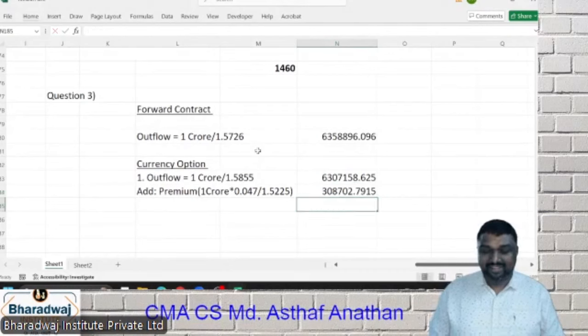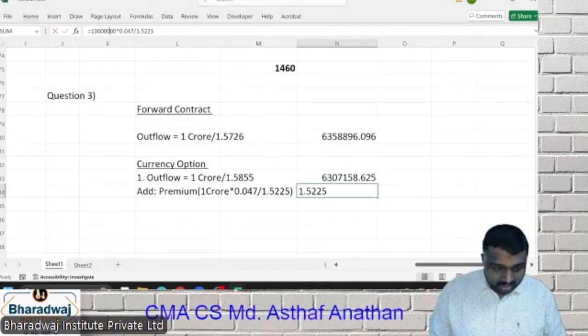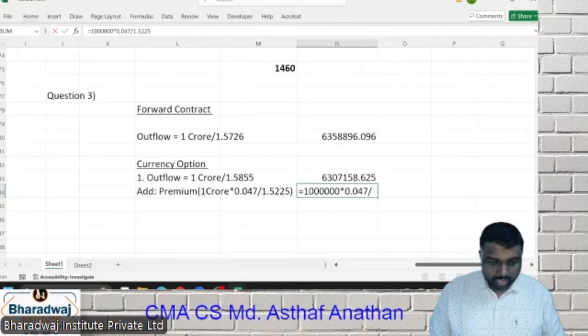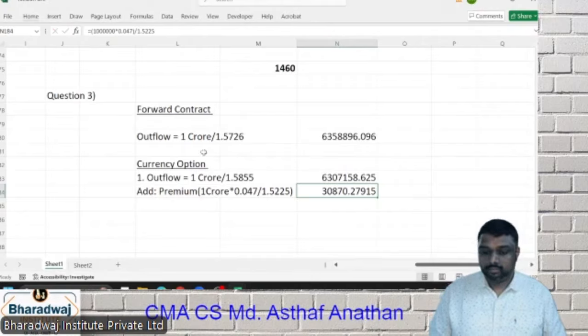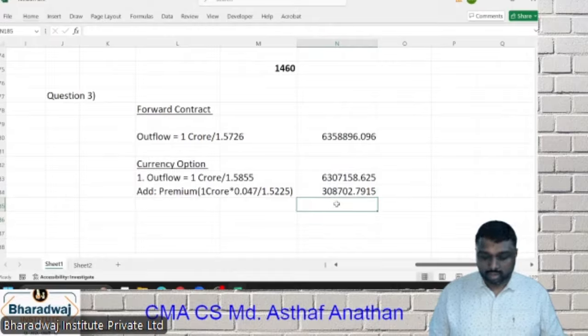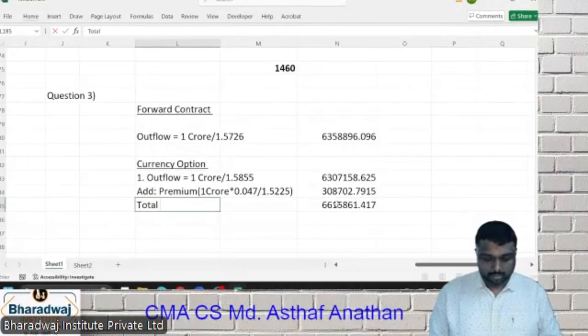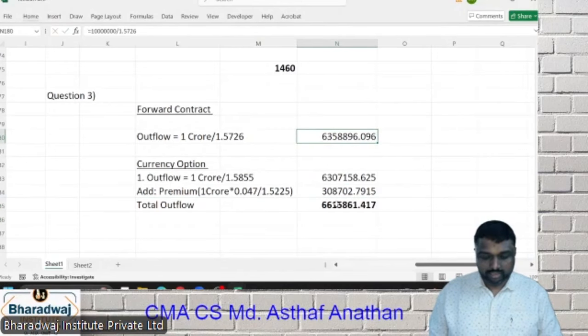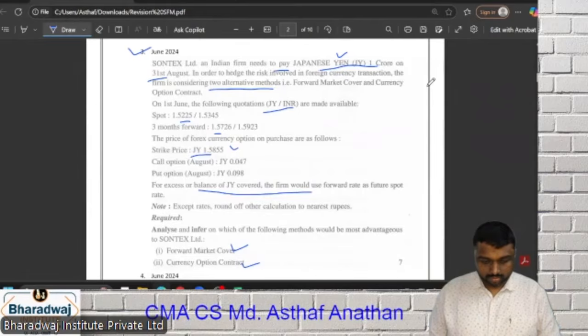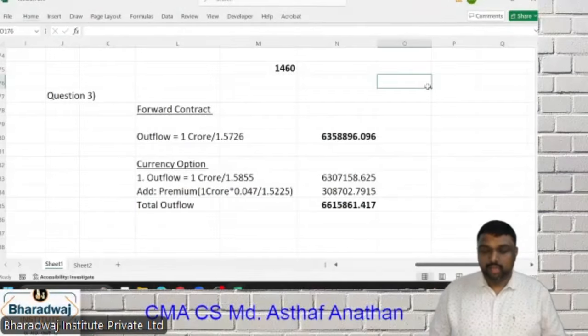My dear friends, 7 marks, one small point. I think I have taken it. Is it correct? This one is correct. So what is the total outflow? You can just check which is best. This is how you have to approach.